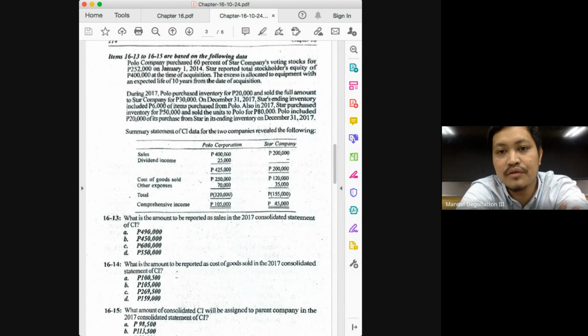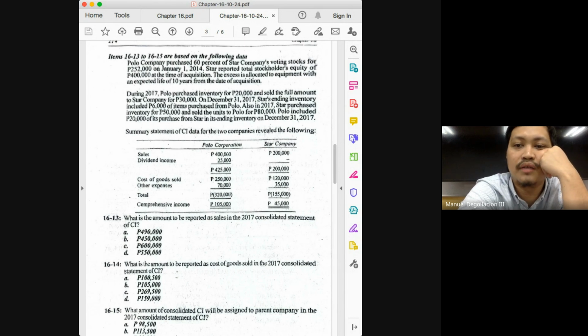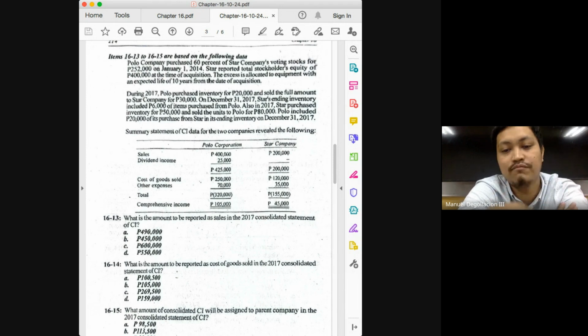For the sake of discussion, how did we get 37.5%? The total markup of 30,000, which is the difference between 80,000 and 50,000, divided by the total selling price of the intercompany sale from subsidiary to parent in the amount of 80. So 30,000 divided by 80 will give you 37.5%.